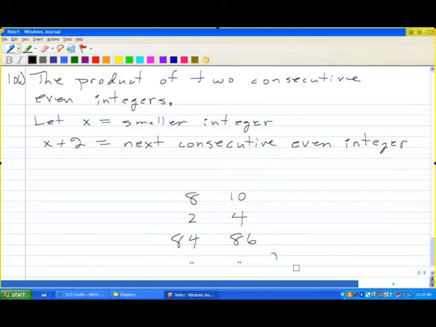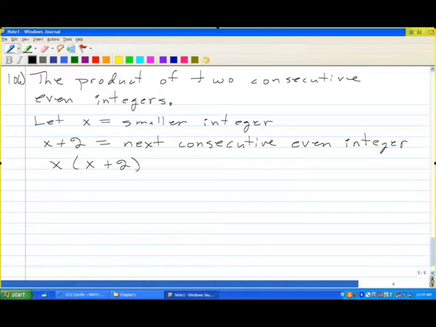Now we want the product. And so the product is going to be x times x plus 2. This is the product of the first even integer times the next consecutive even integer.